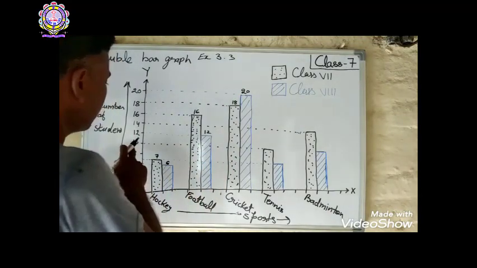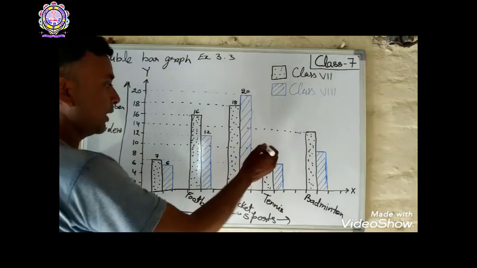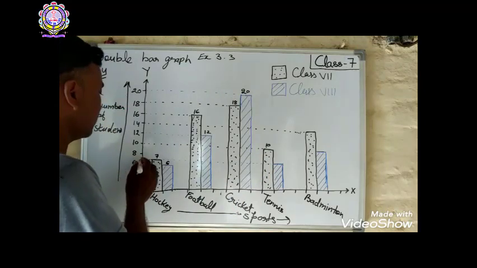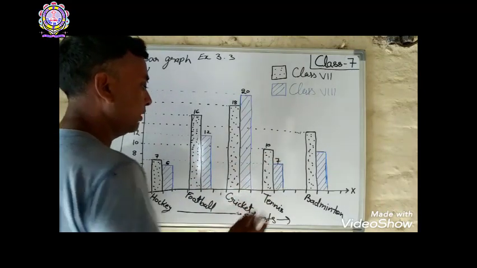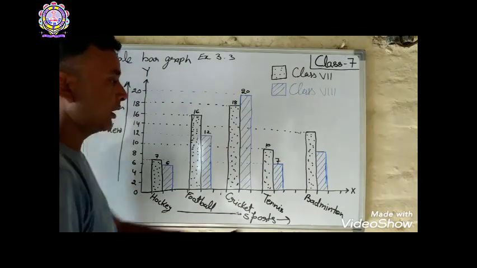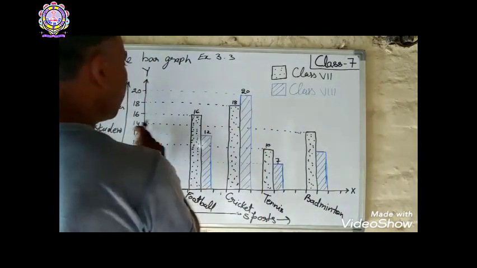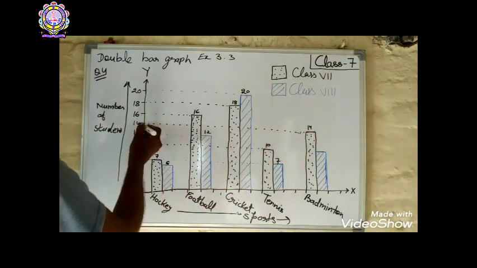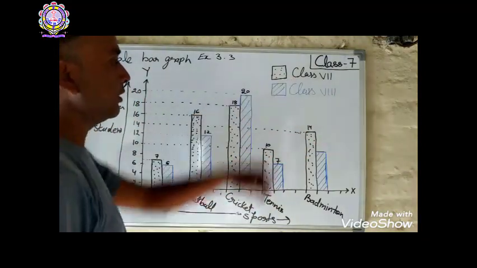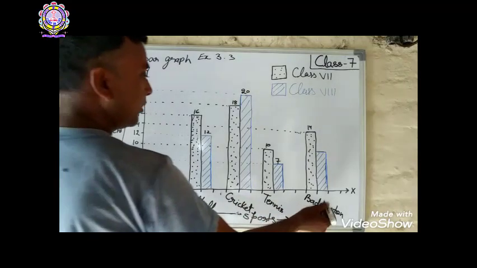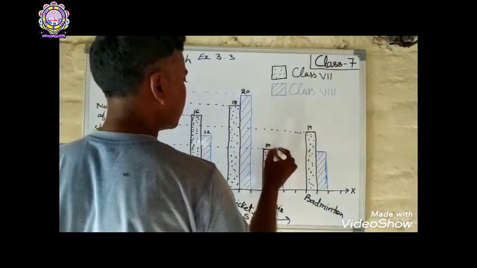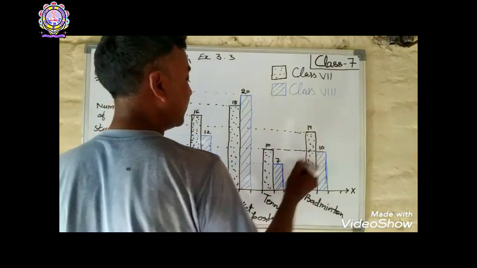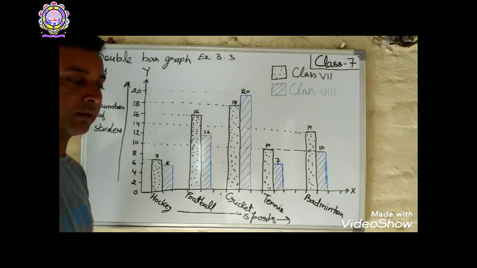Now tennis. 10 students of class 7 play tennis and 7 students of 8th class play tennis. Now badminton. 14 students of class 7 play badminton, and this line shows that 10 students of class 8 play badminton.